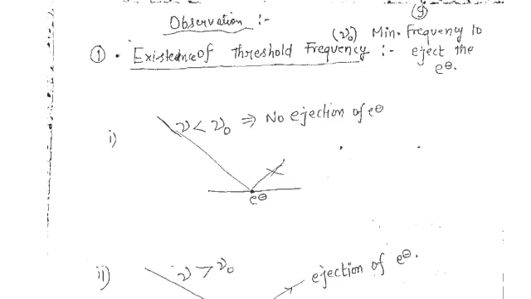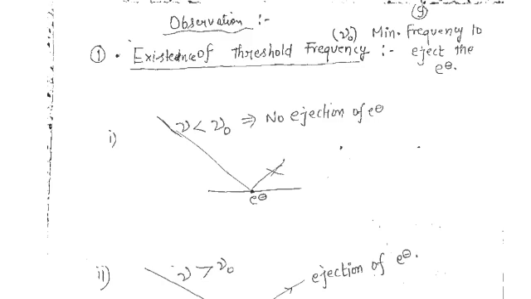Let me define it: it is the minimum amount of energy which you must give to an electron to eject it out. You must give at least this amount of energy to the electron.